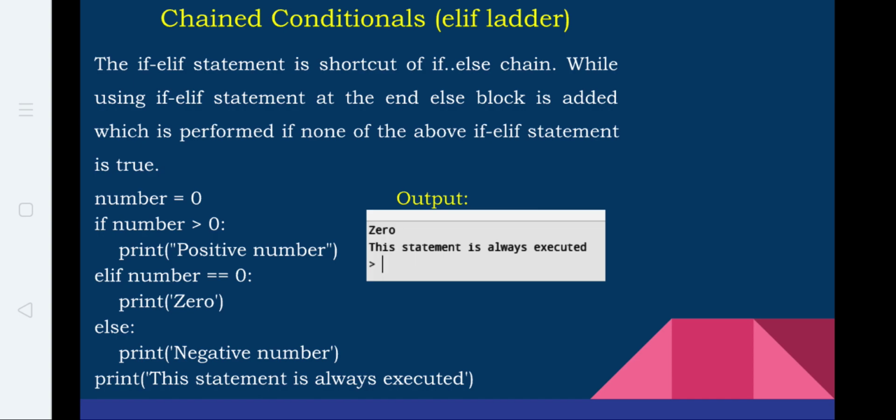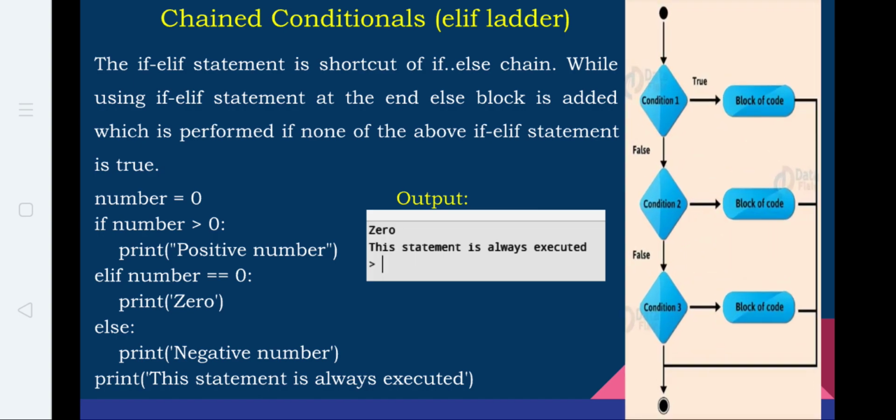Whatever the condition, true or false, after all the checking, finally this will be printed to say that this statement is always executed. So that's all the simple idea about the decision making statements in Python.